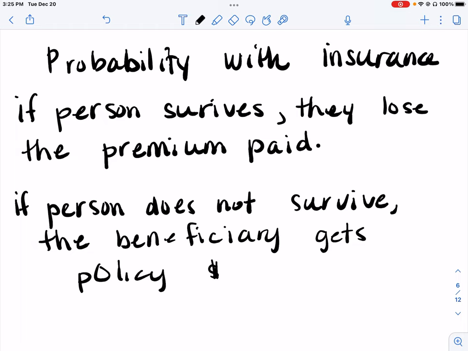Okay, an example of probability with insurance, life insurance. If the person survives, they lose the premium paid. Okay, they paid the premium and they lived, which is a good thing, but they paid out that premium, so they spent that money. If the person does not survive, the beneficiary gets the policy amount.